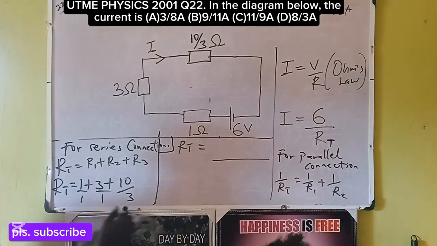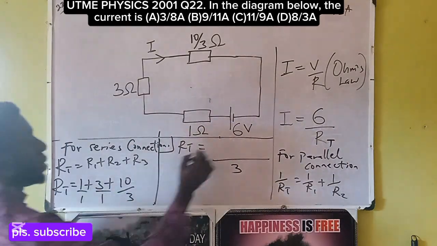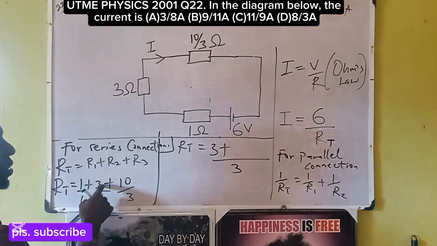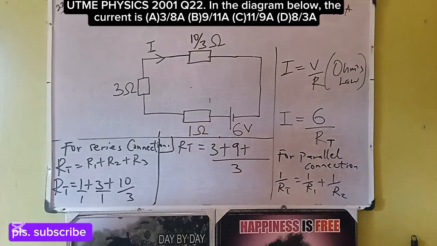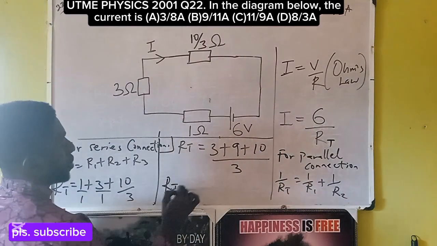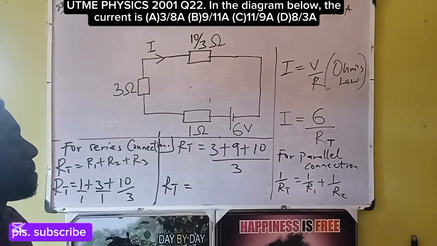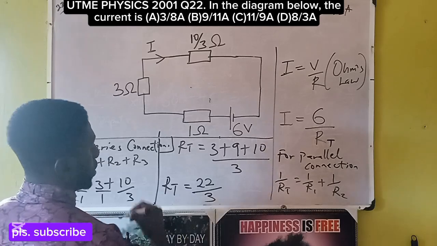The LCM of 1, 1, 3 is 3. 3 divided by 1, 3, 3 times 1, 3. Plus 3 divided by 1, 3, 3 times 3, 9. Plus 3 divided by 3, 1, 1 times 10, 10. Therefore, RT is equal to, add all the numerators, we'll be having 22 all over 3.